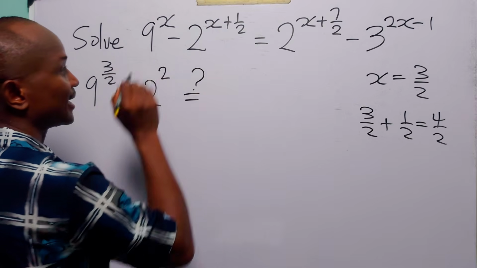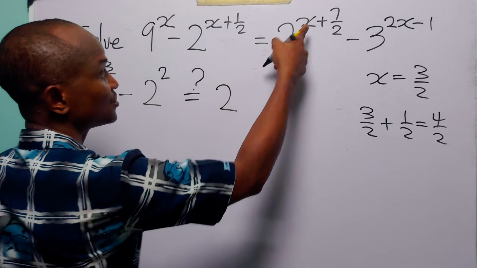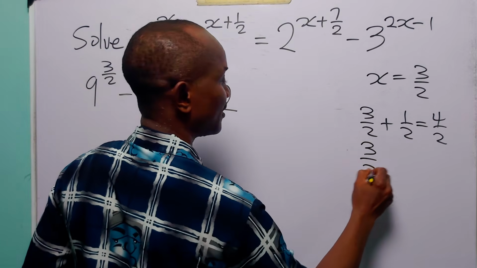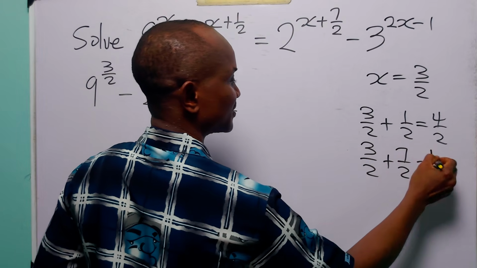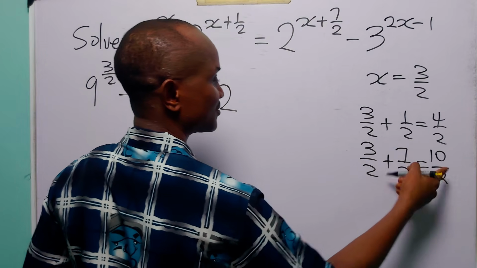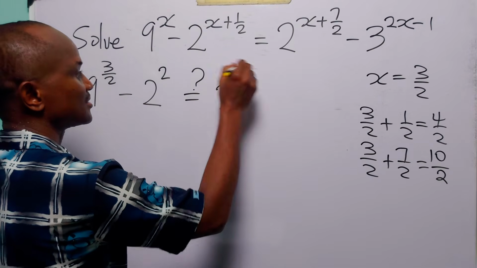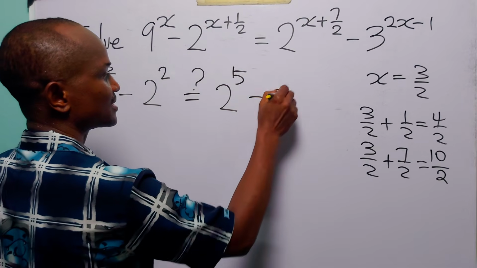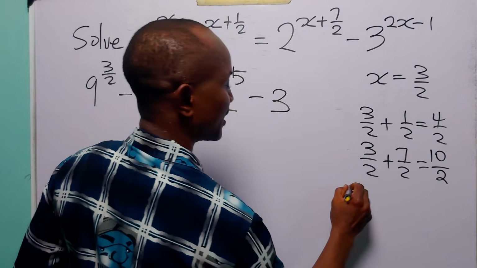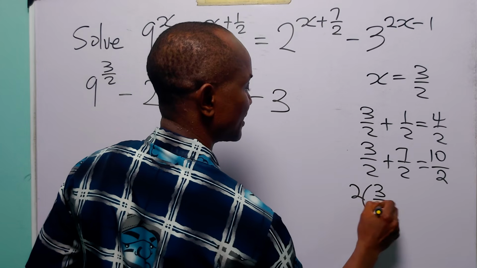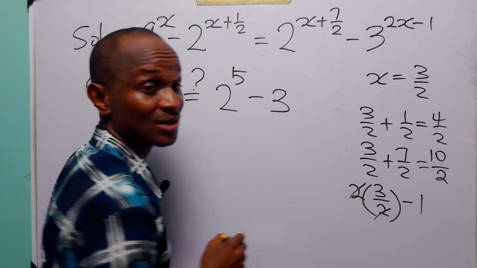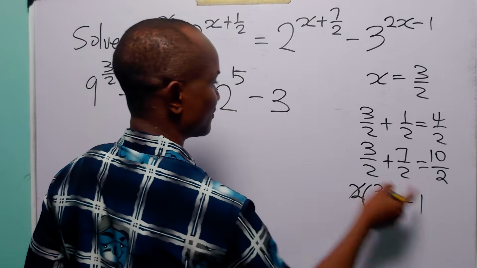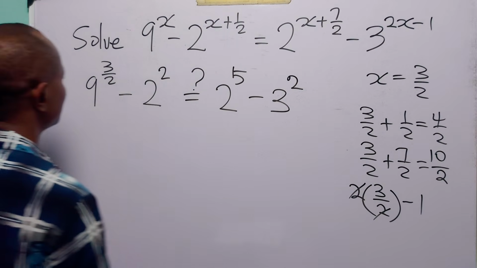Now, is this equal to 2 to the power 3 over 2 plus 7 over 2? 3 plus 7 is 10 divided by 2, that is 5. So this is 2 to the power 5 minus 3 to the power 2 times 3 over 2 minus 1. 2 is going to cancel 2. 3 minus 1 is 2.